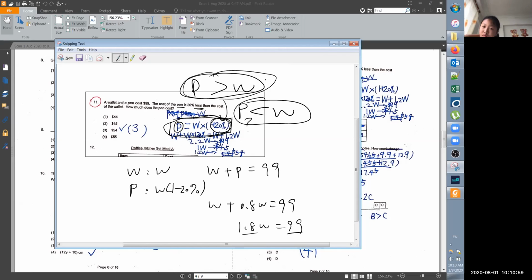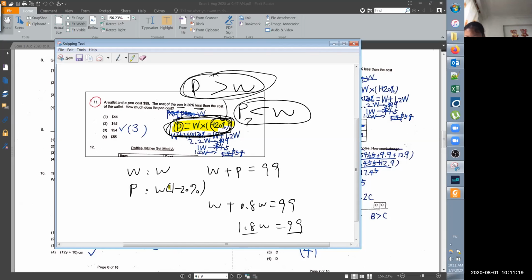Am I right? So when you form an equation which does not make sense, of course, and by the way, when you form this equation, I don't have to look at your answer, okay? The first thing I will question is, you are already saying your pen is more expensive than the wallet.